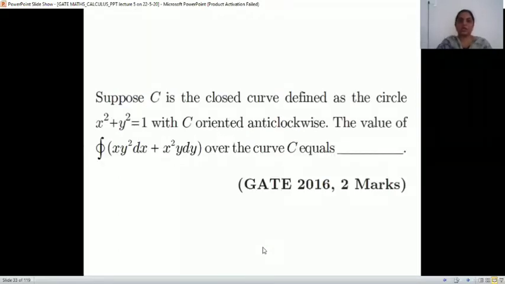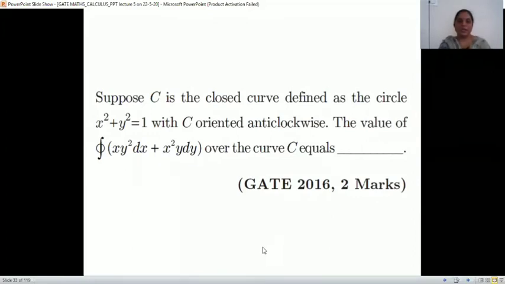Okay, this question. Suppose C is the closed curve defined as the circle x square plus y square equal to 1 with C oriented anti-clockwise. The value of the line integral of xy square dx plus x square y dy over the curve C equals.